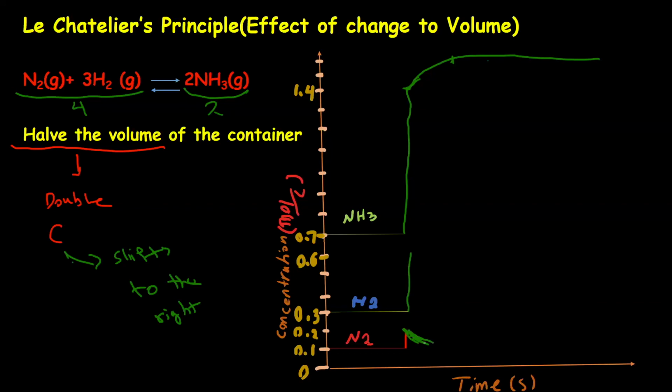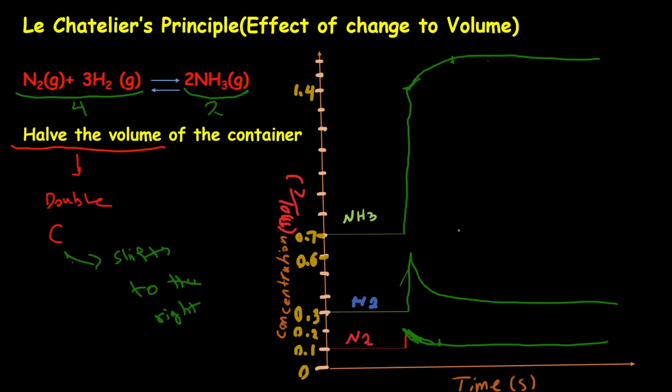Okay. And then constant. At the same time that this one is constant, this one also should be constant. Okay. And H2 is also used, but if we use 1 mole of N2, actually we use 3 moles of this one. So it drops to something similar to here.